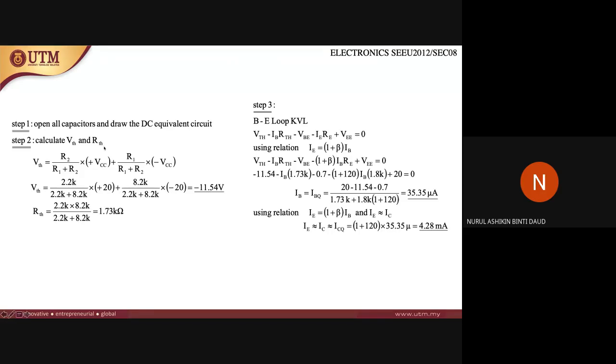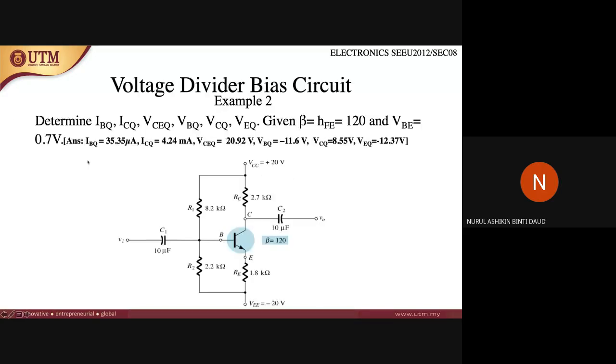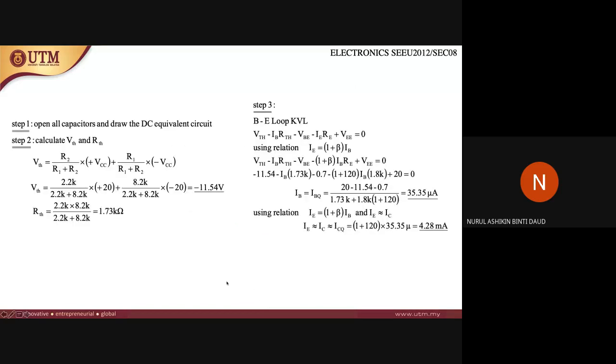VTH and RTH are the same as before, but you need to consider the second source here. So VTH equals R2 times VCC.